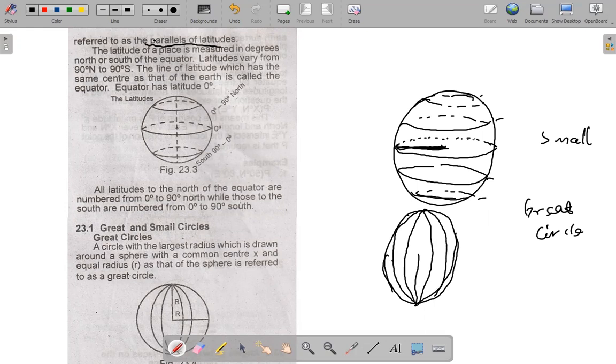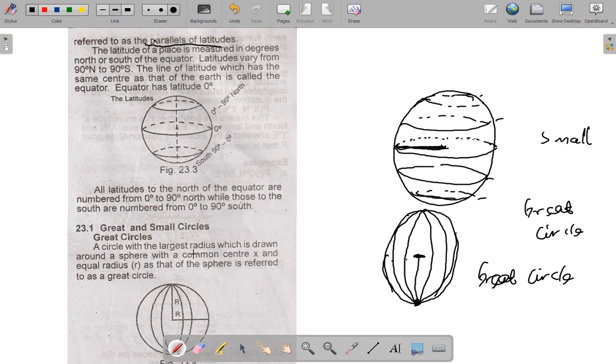This circle outside and the one inside have the same radius, but run from the pole to the center of the Earth. So all lines of longitude are great circles, whereas in latitude, only the equator is a great circle. In longitude, all of them are great circles.